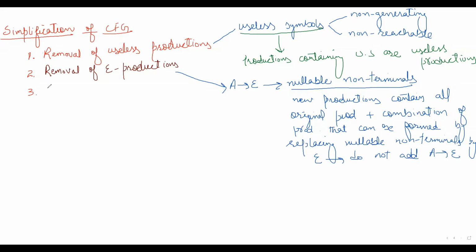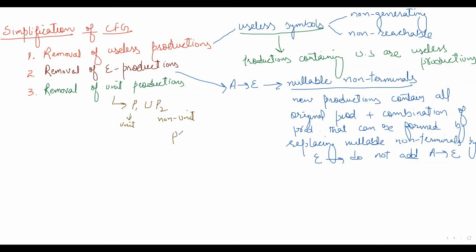And the third was removal of unit productions. And for removal of unit productions, what we were doing, we were dividing the productions into two parts. This was unit productions and these were non-unit productions.